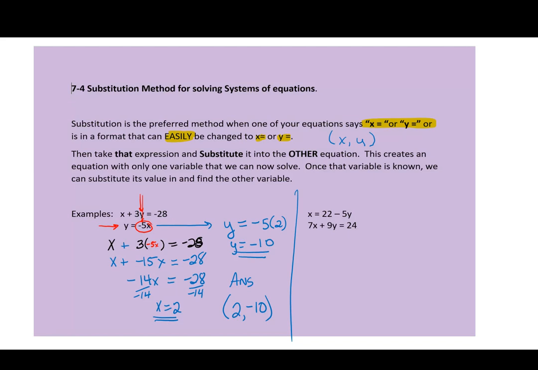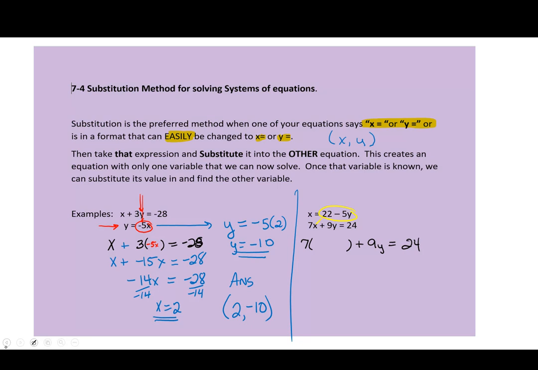The next one, as you see, we have x equals, this time x is equal to that. So I'm going to take that, that's what x is equal to, and I'm going to stick it in the other equation where there's an x. So it's 7 times x plus 9y is equal to 24.